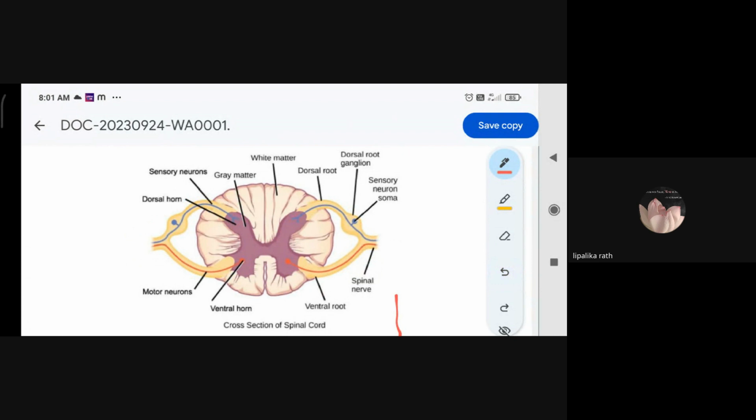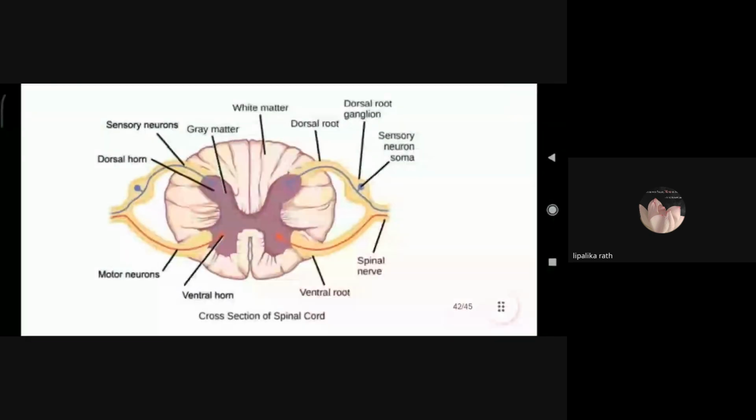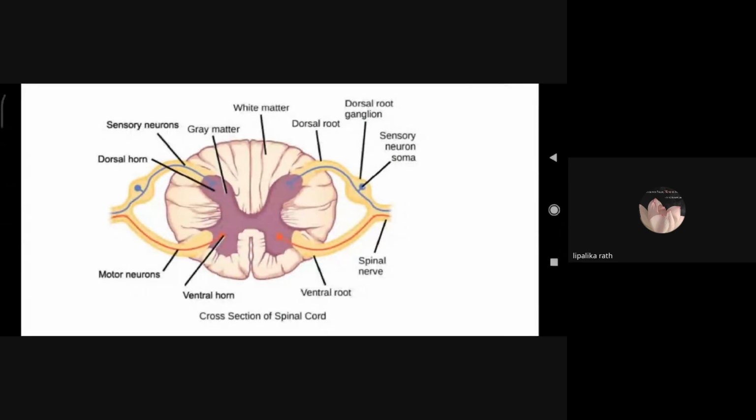Any more questions about the spinal cord? Then, ma'am, where is the ventral root facing, the hard or softer portion? The ventral root is facing towards the abdomen, and the dorsal root is facing towards the back side. Okay, ma'am.